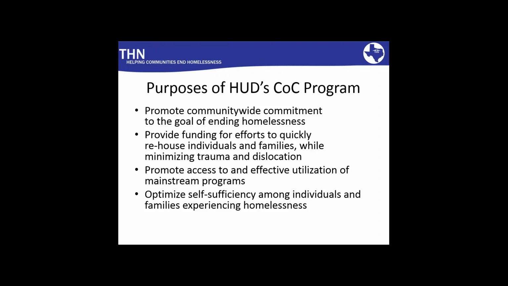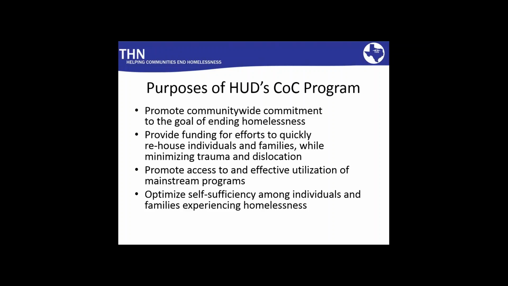Provide funding for efforts to quickly rehouse individuals and families while minimizing the trauma and dislocation of being in a homeless situation. Promoting access to and effective utilization of mainstream programs. Those are programs that are not only serving people experiencing homelessness, but other people as well.